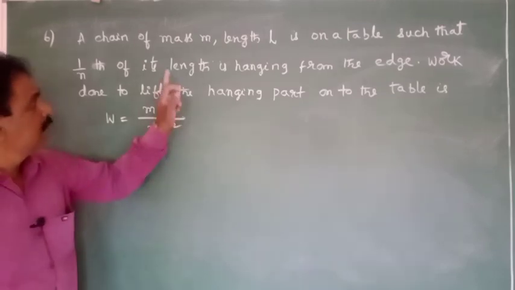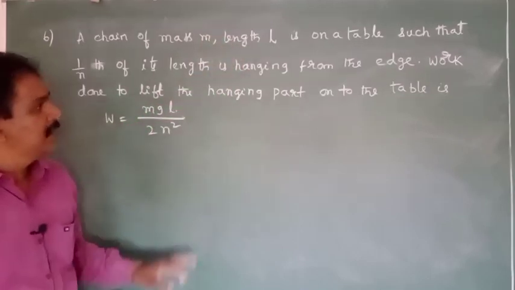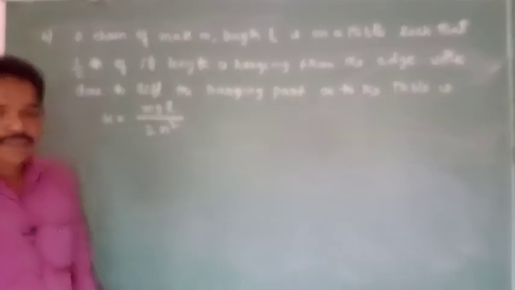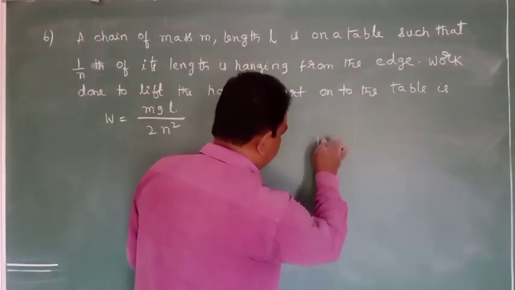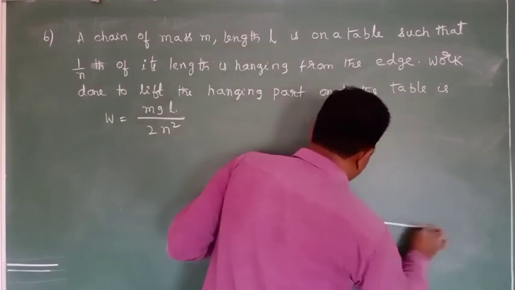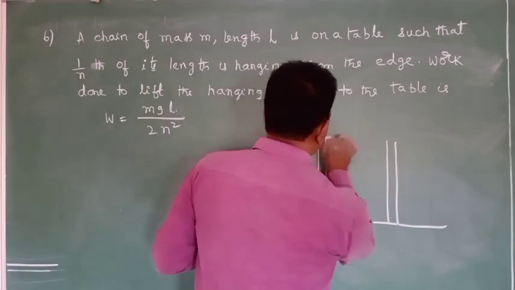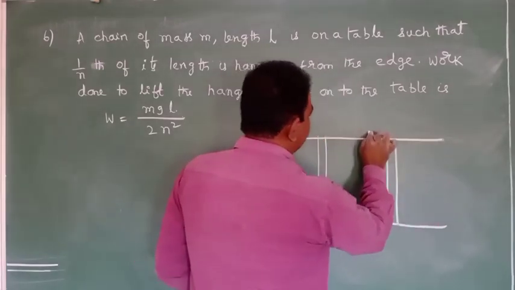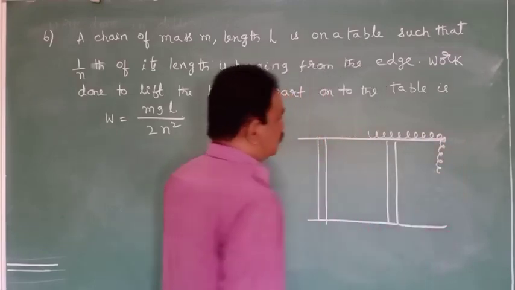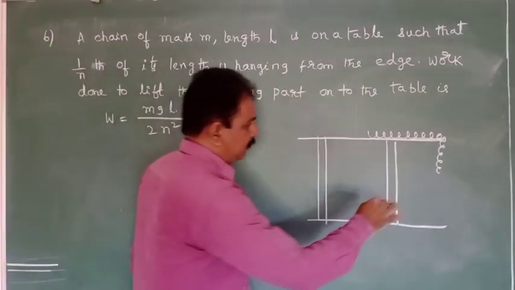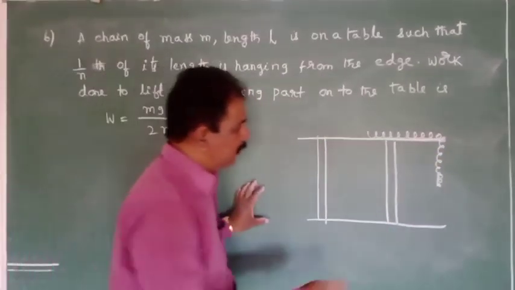This is the formula. A chain of mass m, length L is on a table such that 1 by nth part of it is hanging. Assume this is the table. On the table, some chain we kept, and in that chain 1 by nth part is hanging.